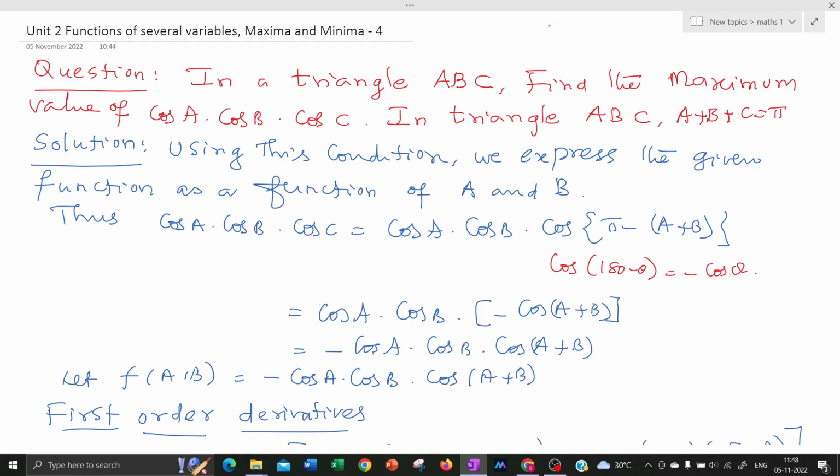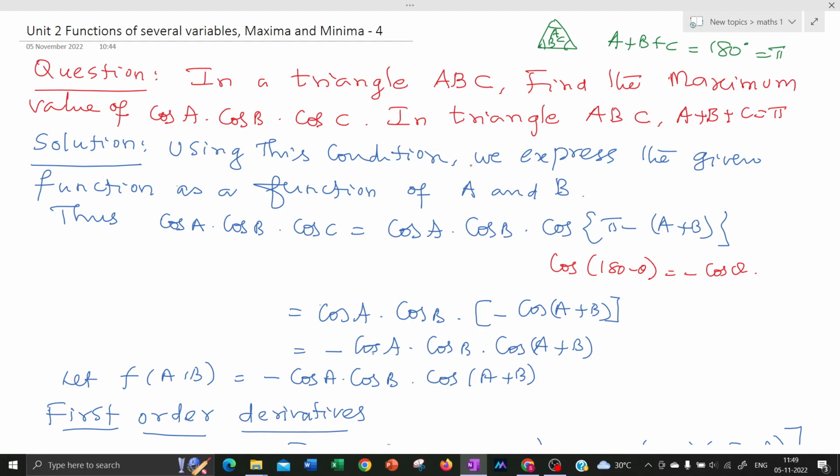If you take any triangle with three angles A, B, C, what is the addition of all the angles? That is 180 degrees, that means pi. So that is given here.